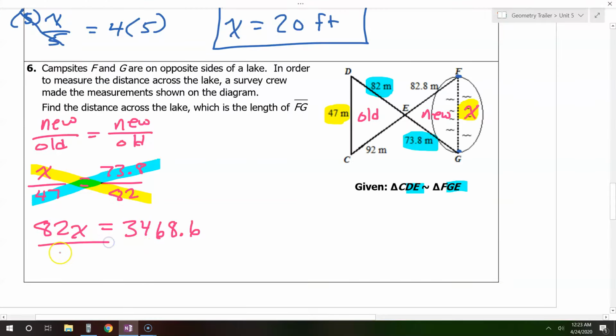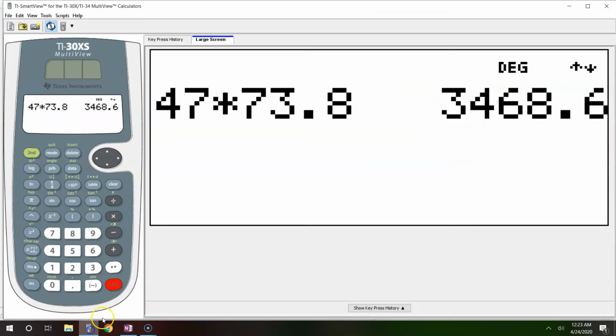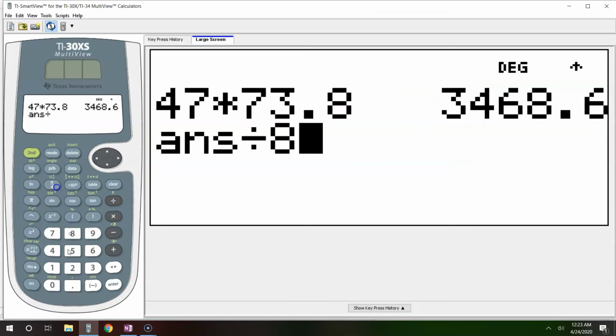Okay, and of course, the last step is to divide both sides by 82, which gives 42.3.